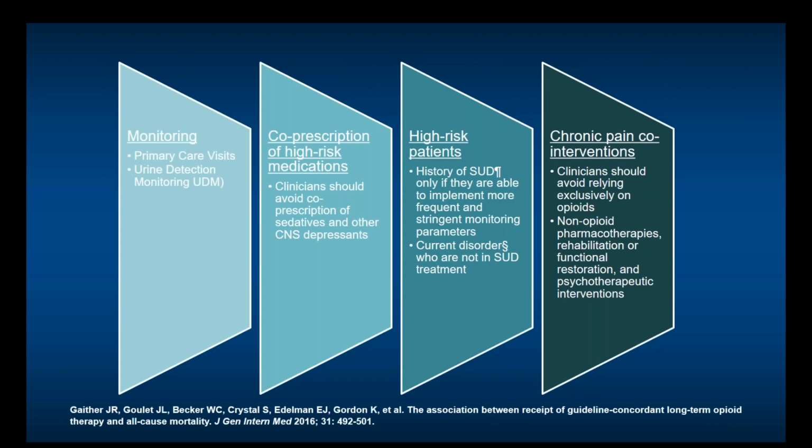And we also have plans to put in place for patients with acute pain and chronic pain who are managed in primary care settings. And this is just a sequential guide in terms of monitoring and attention to some of the practices that we want to really be careful about, and that's co-prescribing opioids with high-risk medications and identifying patients who are at high risk for substance use disorder.